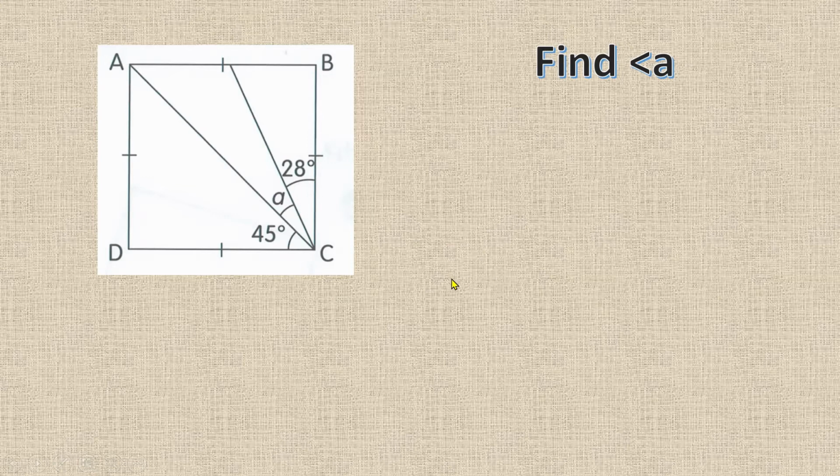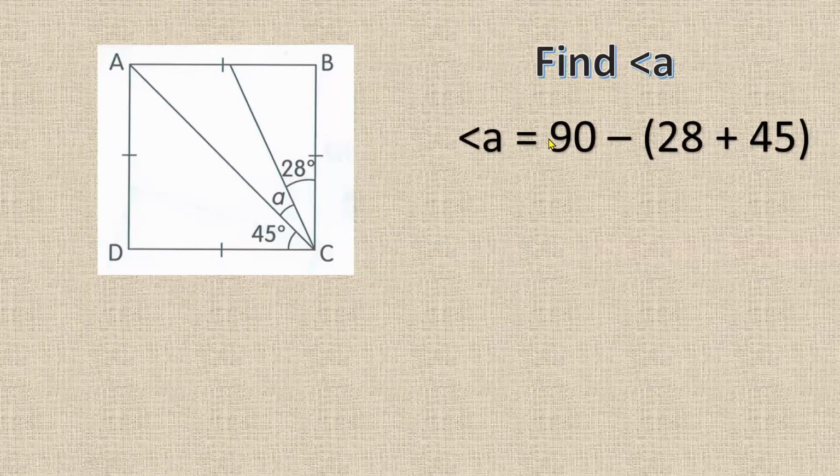Okay, so the first thing we're going to do is we can add 28 degrees and 45 degrees and then subtract it from 90 degrees. So angle A will be equal to 90 degrees minus the sum of 28 plus 45.